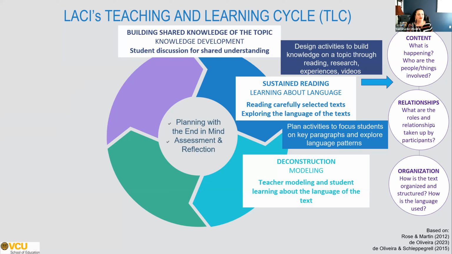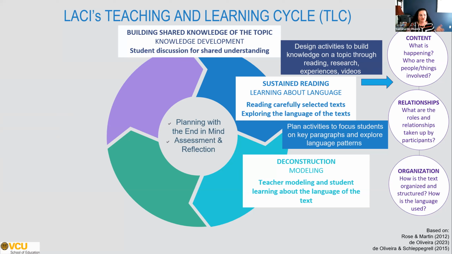Then we do what we call deconstruction. And that's when you are going to select a text in the genre that students are going to be writing. Okay, and I separate deconstruction from sustained reading, because, you know, reading activities can take one form.